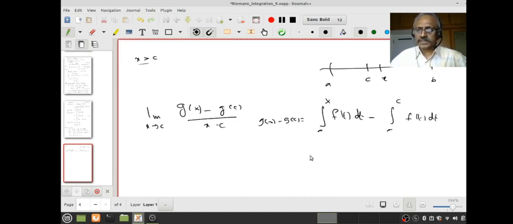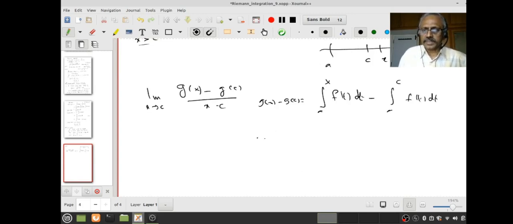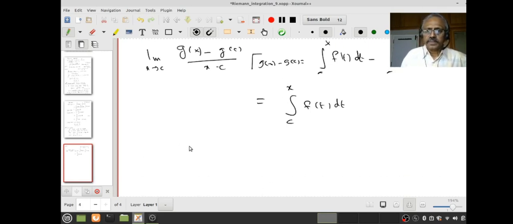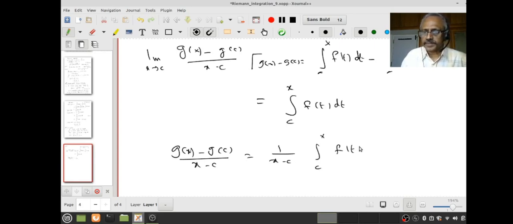As we saw in the last Lipschitz result, this is nothing other than integral c to x of f of t dt. Therefore, g of x minus g of c by x minus c is nothing other than 1 by x minus c times integral c to x of f of t dt. This is what we have proved.